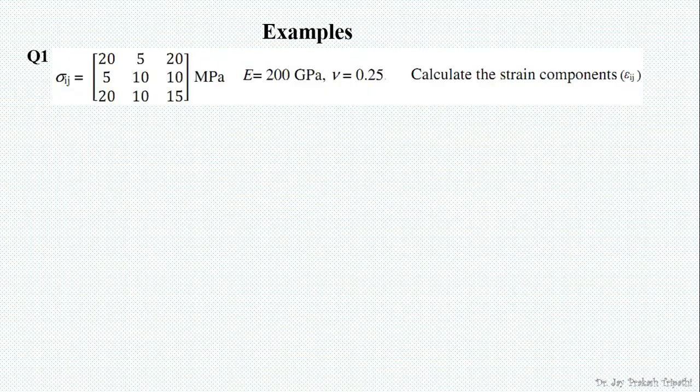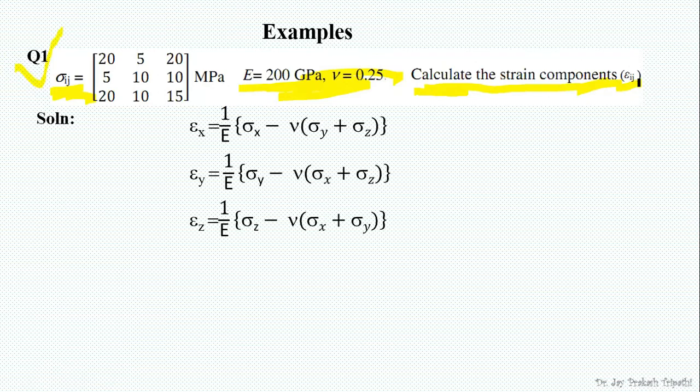Now let's solve some numerical examples. So in the first question, the state of stress is given and two elastic constants are also given, and we have to calculate the strain components. So we know the relationship between strain components and stresses.